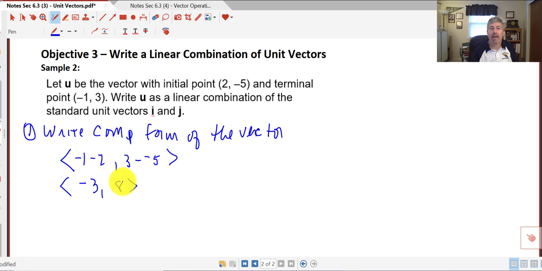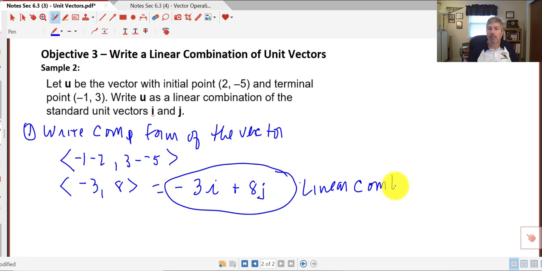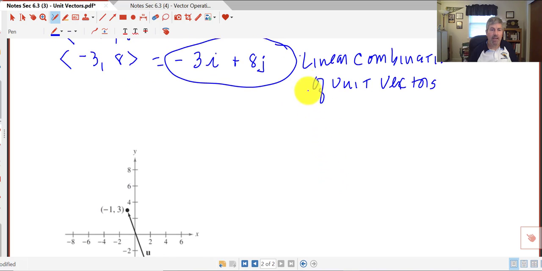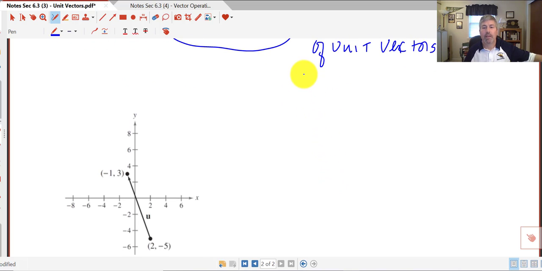And then writing that u as a linear combination of the standard unit vectors i and j is simply -3i, because that is my horizontal along the x-axis, and 8j is my vertical along the y-axis. So -3i plus 8j. That is my linear combination of unit vectors. And again, shown here. So we will get some more practice with this when I see you in class.